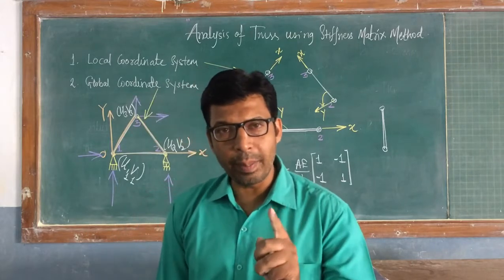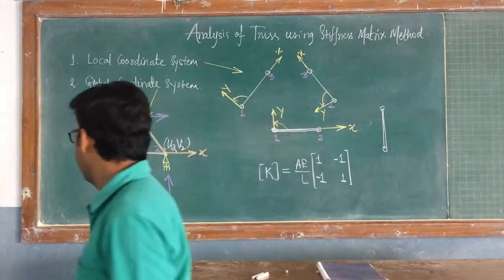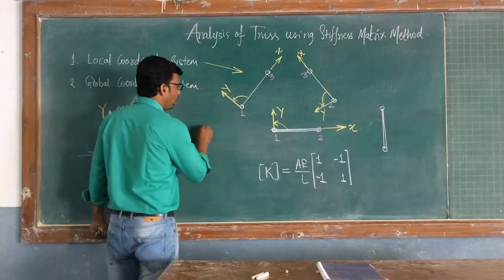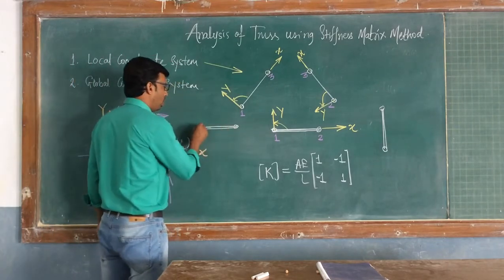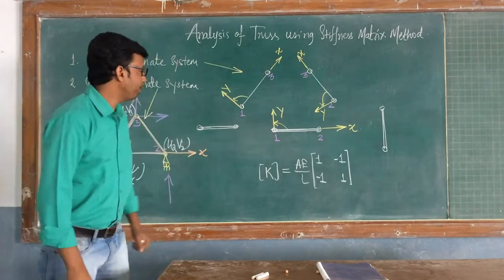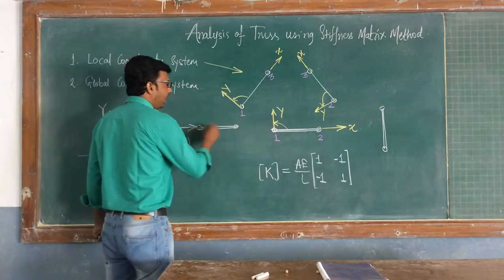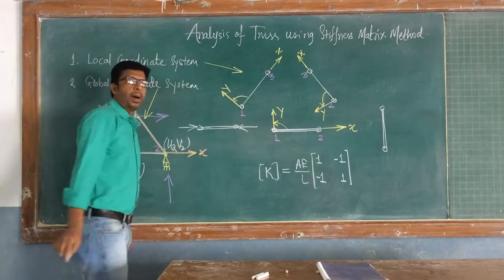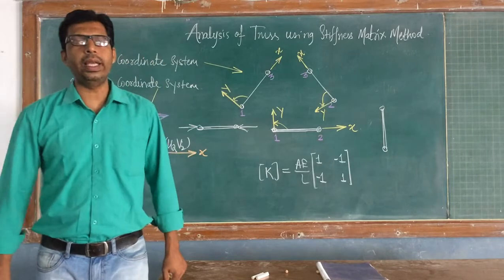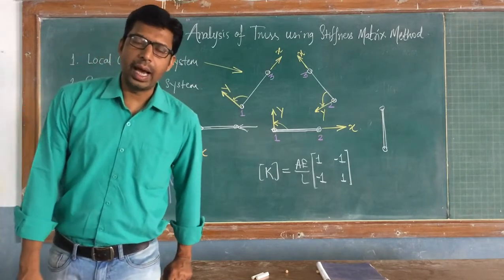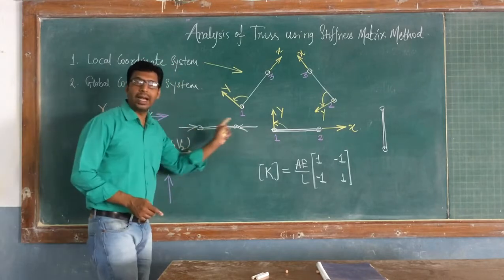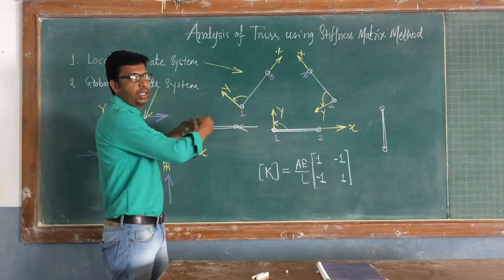But if you remember bar analysis, since the bar is subjected to only axial forces like this, always subjected to axial forces, meaning forces are applied in only the axial direction, bars have only one displacement at each node, and that is axial displacement.